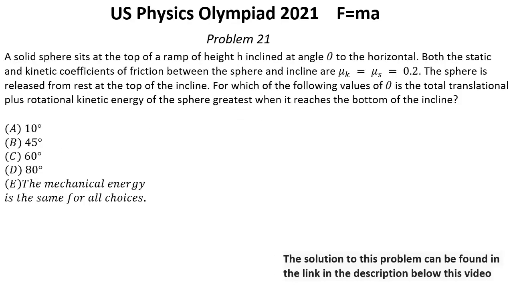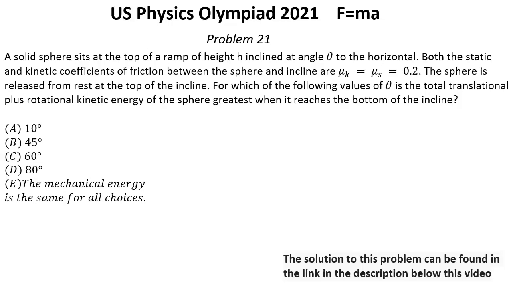Problem number 21. A solid sphere sits at the top of a ramp of height h inclined at angle theta to the horizontal. Both the static and the kinetic coefficients of friction between the sphere and the incline are mu k equals mu s equals 0.2.